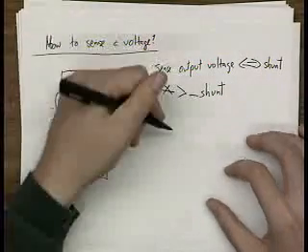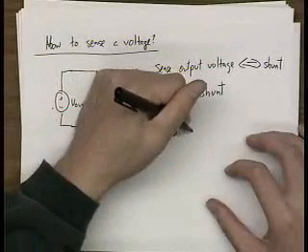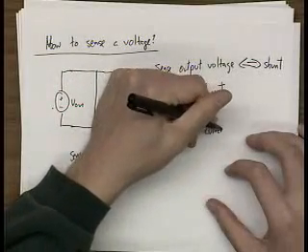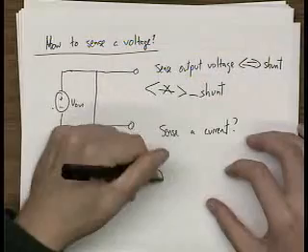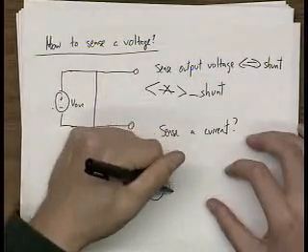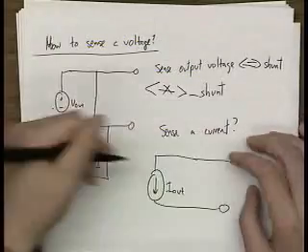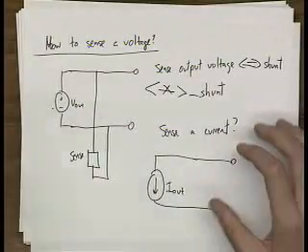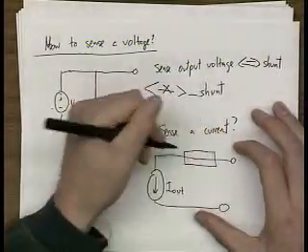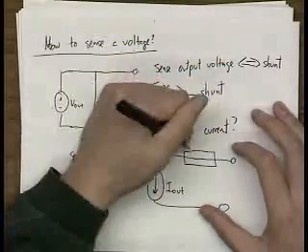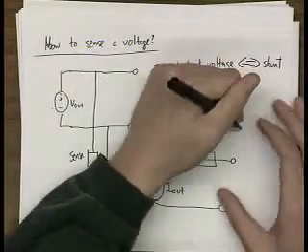How do you sense a current? Let's assume we have some I out that goes to our output. We sense a current by putting a sensing device in series. So this is our sensing device.